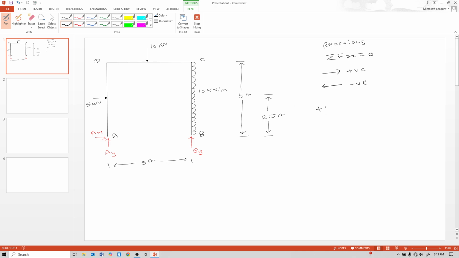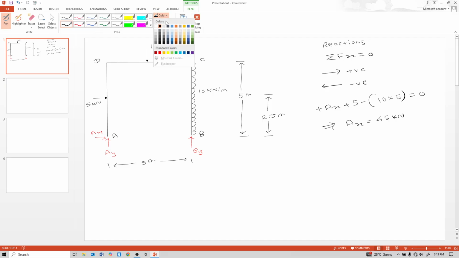So positive Ax, positive 5 minus 10 into 5 equal to 0. So this Ax equal to 5 minus 50, it is minus 45. That means this is 45 kilonewton. This Ax equal to 45. Unit is kilonewton.